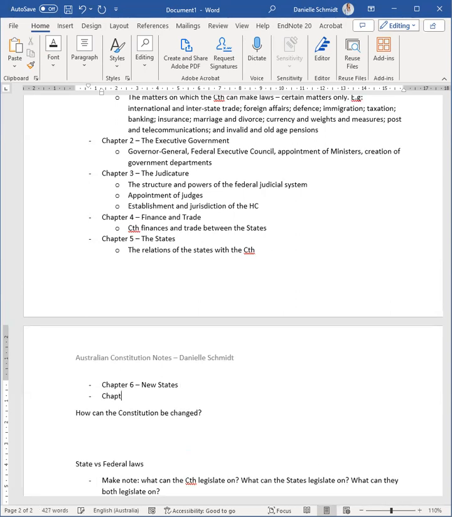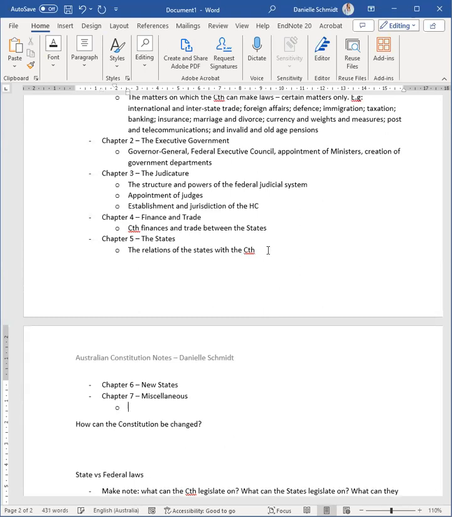So that's important. We have chapter 7, which is miscellaneous. I shouldn't say just, because it's not just. And that covers the establishment of the seat of government. So that is the Australian Capital Territory, and allows the Governor-General to appoint deputies to exercise powers or functions on his or her behalf. So it establishes the ACT.